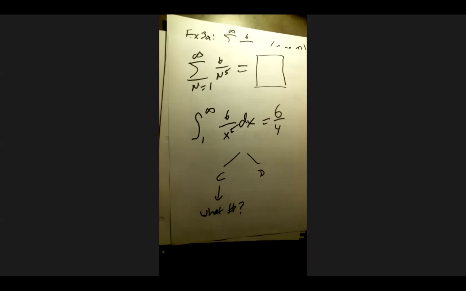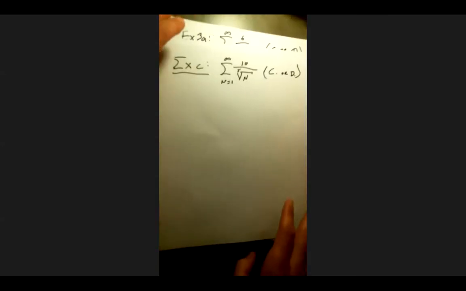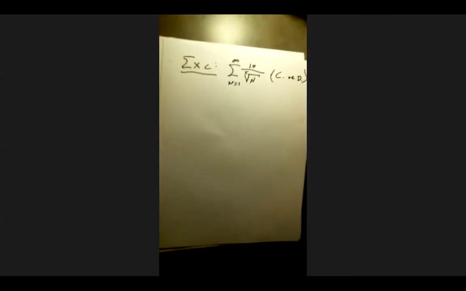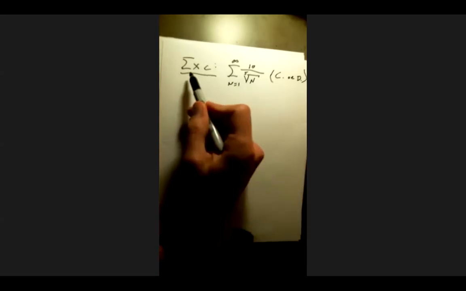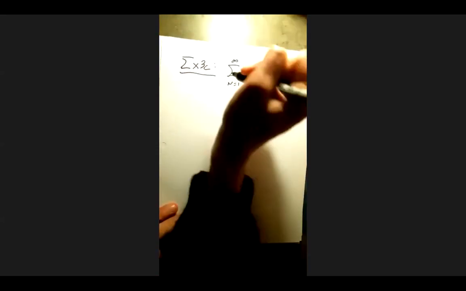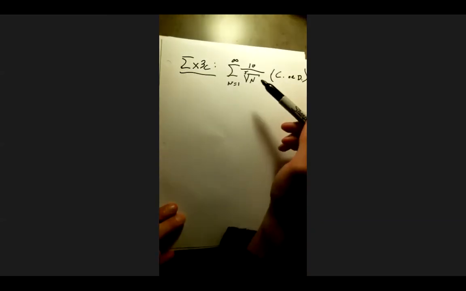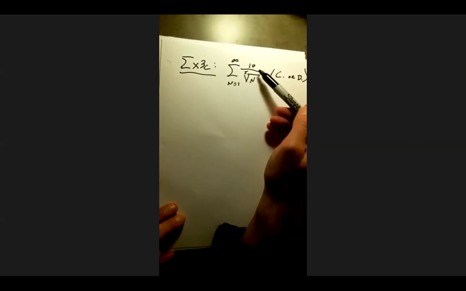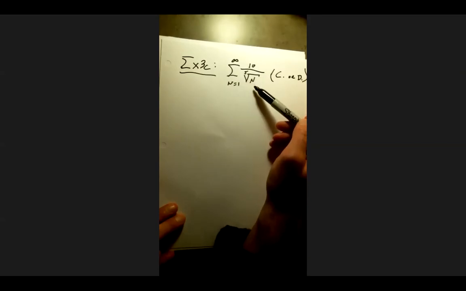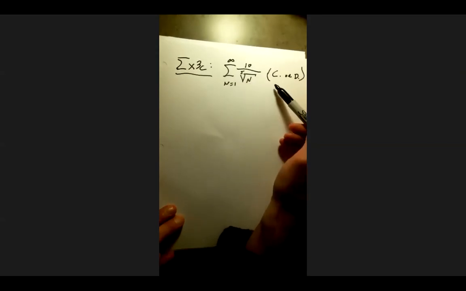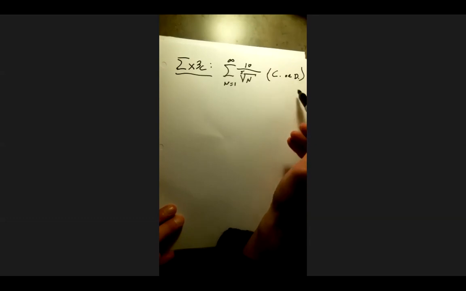All right, let's do one more example here. So we have example 3C. I got a little excited with my sigmas. So this is the sum from n equals 1 to infinity of 10 over the 5th root of n. And I want to know again whether it's C or D, converge or diverge.